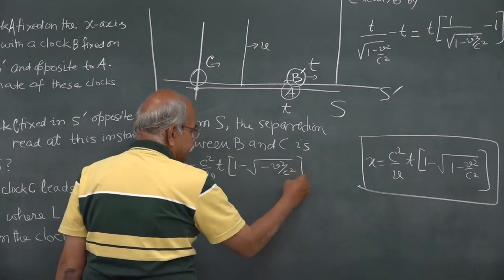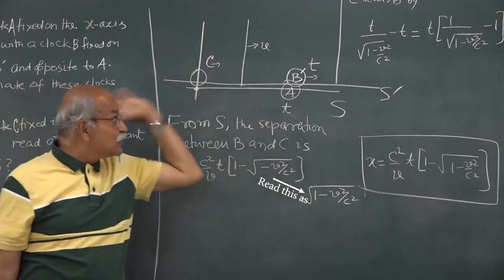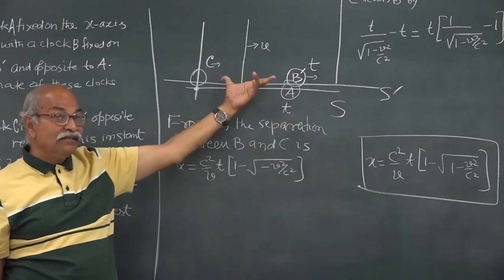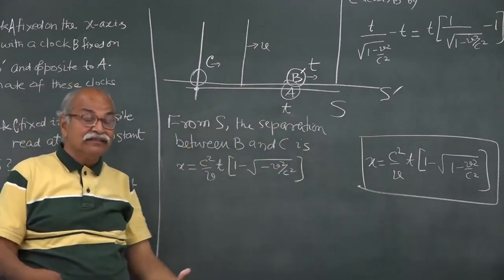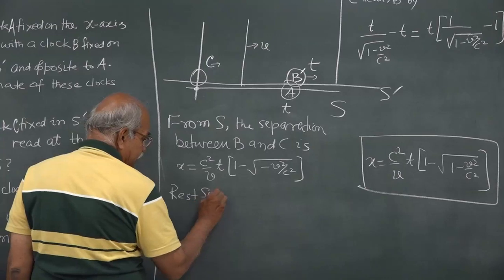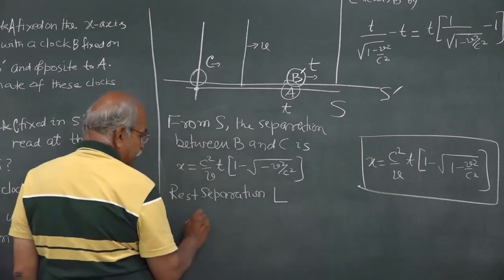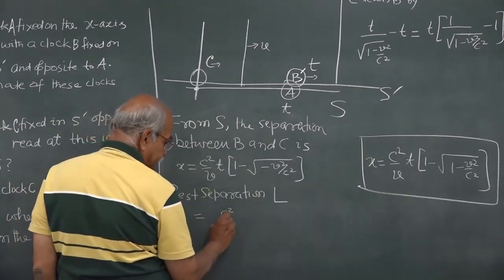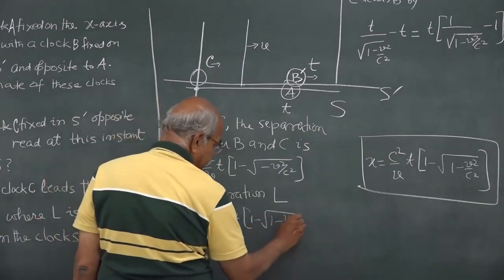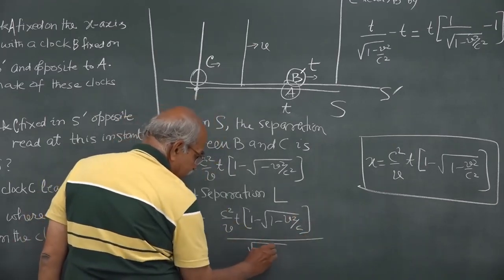That is the separation between B and C as seen from S, and in S both of them are moving with velocity V. So, the rest separation, which is larger than the separation in any other frame, L will be equal to this quantity. It's larger. So, remember you have to divide by square root of 1 minus v square by c square.